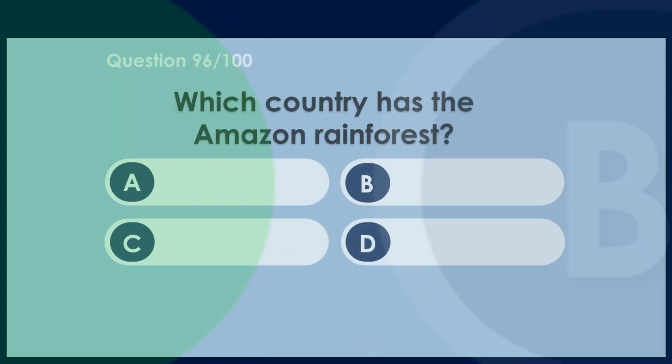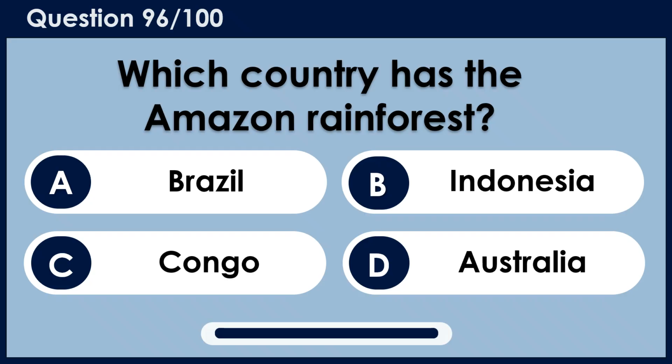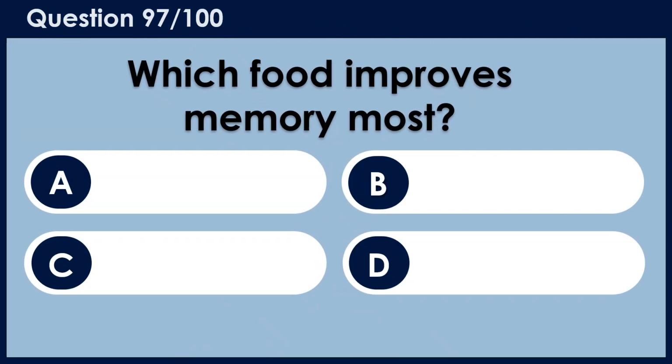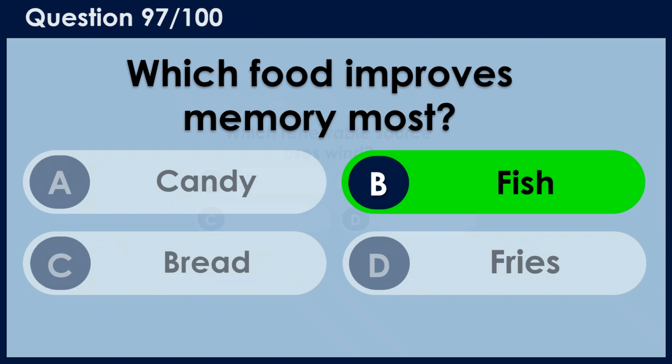Paper. Which country has the Amazon rainforest? Brazil. Which food improves memory most? Fish.